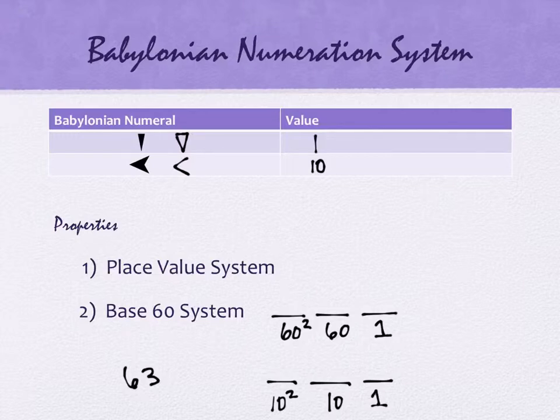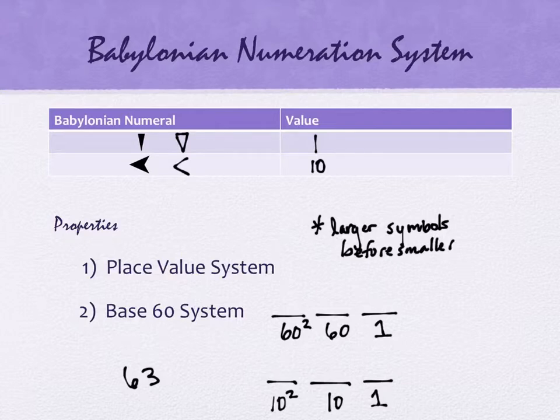One other feature, it's not really written on here, but just as a note, is that larger symbols come before smaller. This happened in the Egyptians as well.